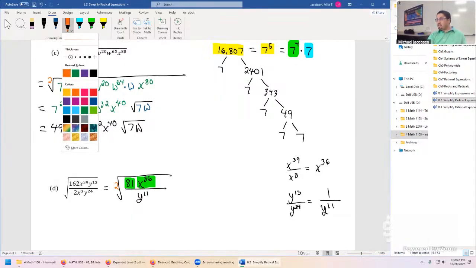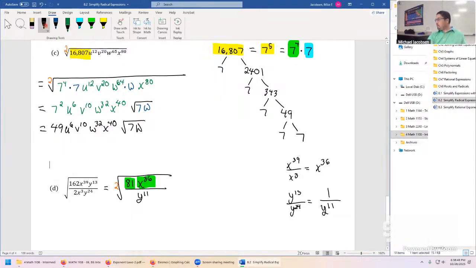So let's take an additional step to clean this up just a little bit further. This turns into the square root of 81. You could leave it as an 81, or you could write it in as a 9 to the power 2. That's kind of up to you and the style you'd like to write it in. x to the power 36.